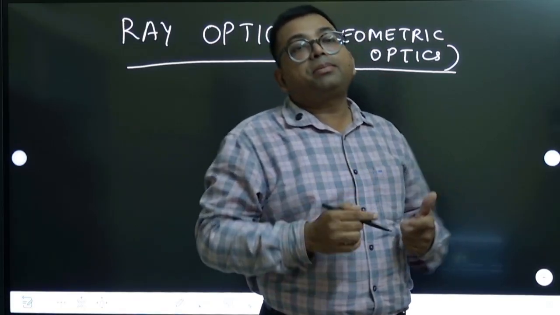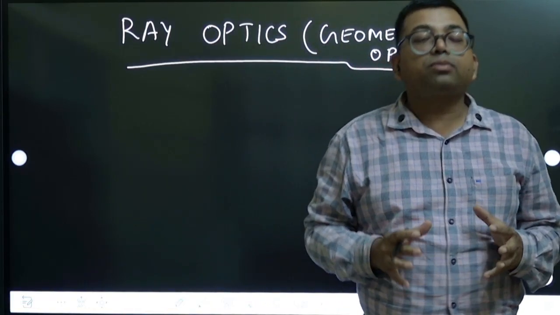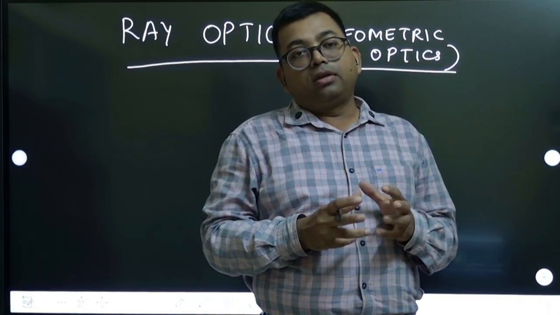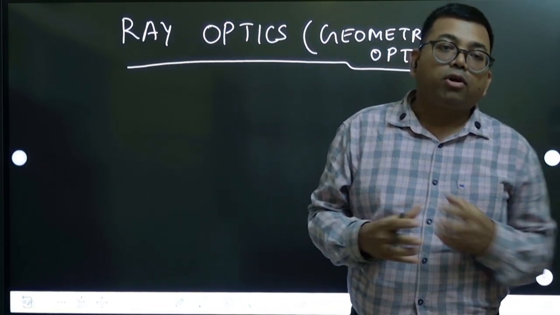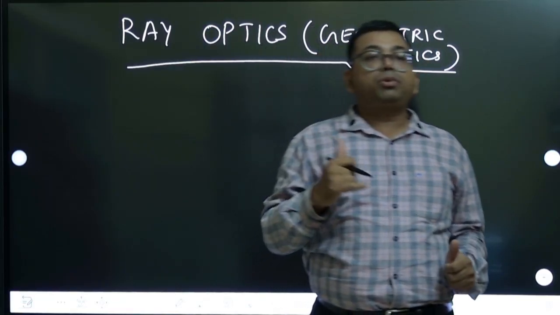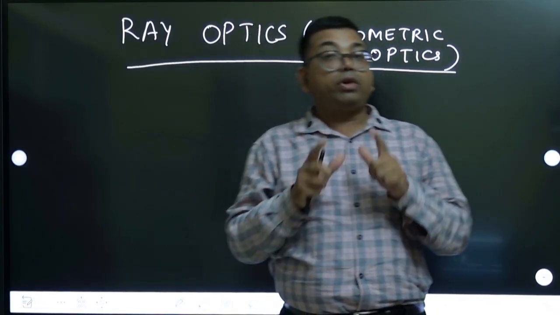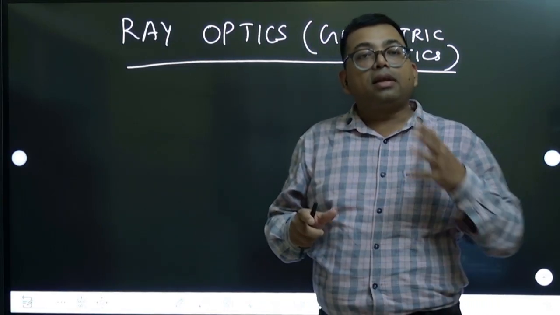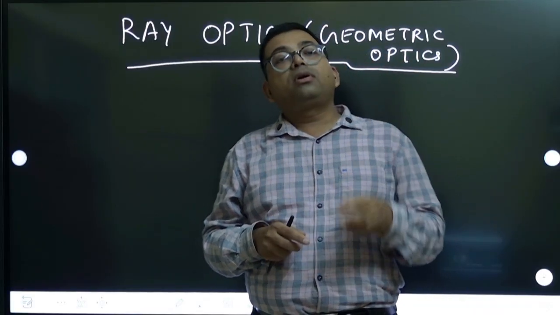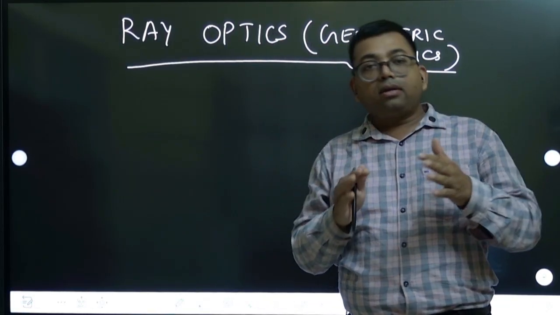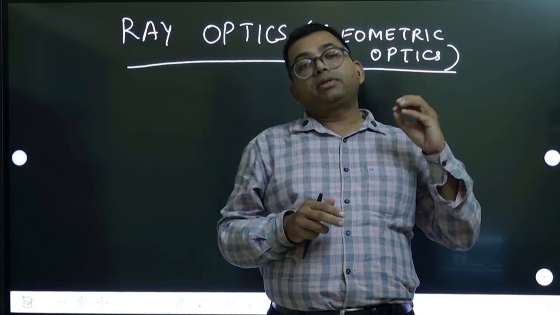And there is another chapter of optics called wave optics. What is the scope of that? That means when do we apply the formulas or concept of ray optics, and when do we apply the formulas and concept of wave optics, because light can be taken as a wave or light can be taken as rays.